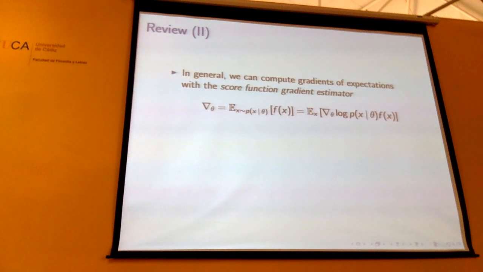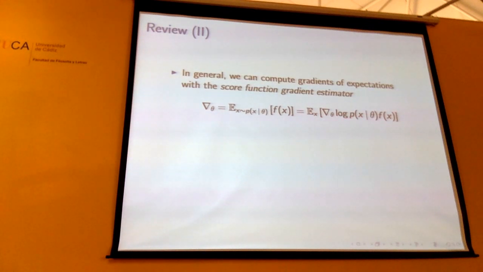So yesterday we introduced this very general idea for estimating gradients of expectations called the score function gradient estimator, where, that equal sign is not supposed to be there. So gradient of expectation equals the expectation of grad log probability times the function value.